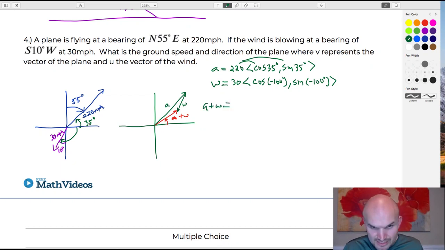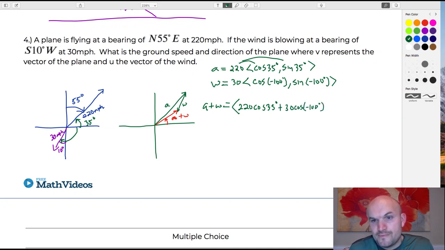I'm going to write this out just so you guys can see what I am doing: 220 cosine of 35 degrees plus 30 cosine of negative 100 degrees, comma, 220 sine of 35 degrees plus 30 sine of negative 100 degrees.